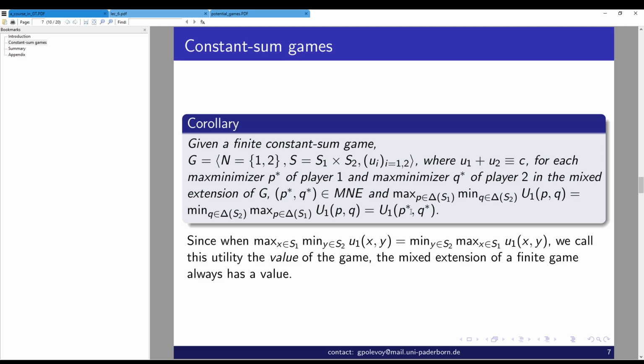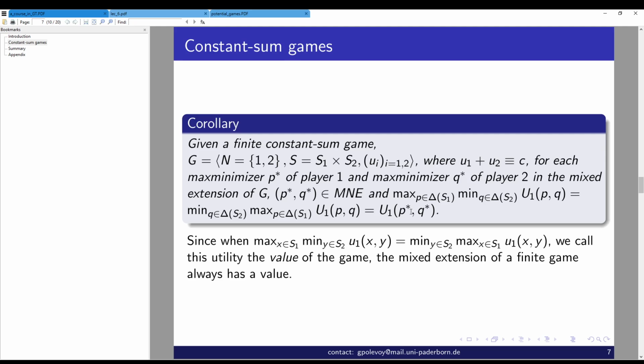In the case of the mixed extension of a finite game, this mixed extension always has a value, because the maximum of the minimum is always equal to the minimum of the maximum, because we know that the mixed extension always has a Nash equilibrium. Okay, so we simply can ask what is the value.